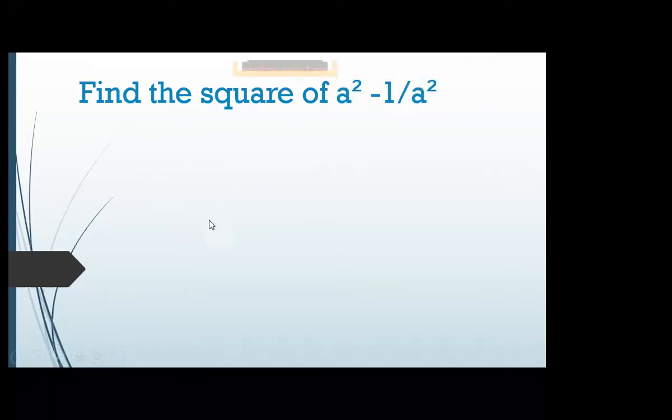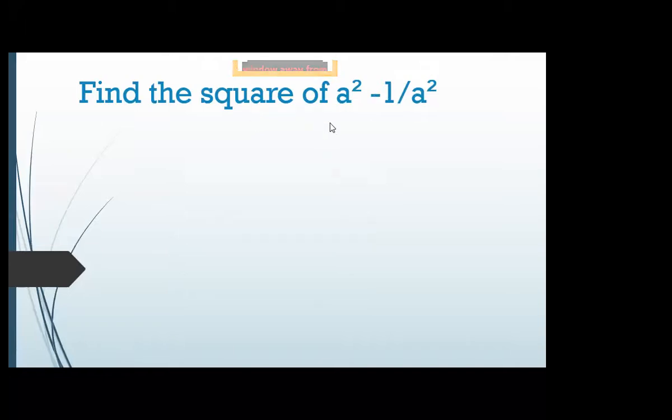Now the next question is (a square minus 1 over a square). Which formula is going to be applied? Second formula, right?